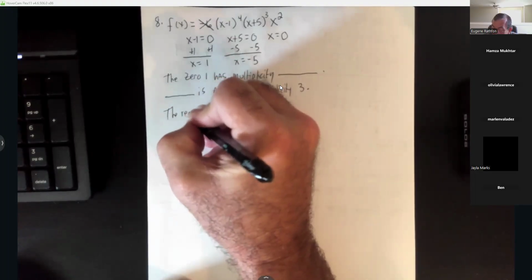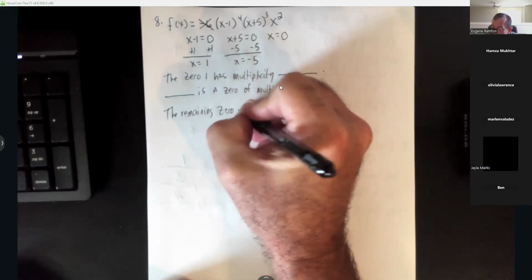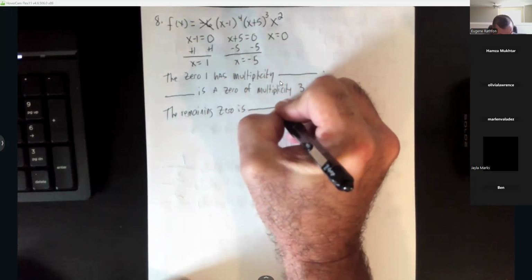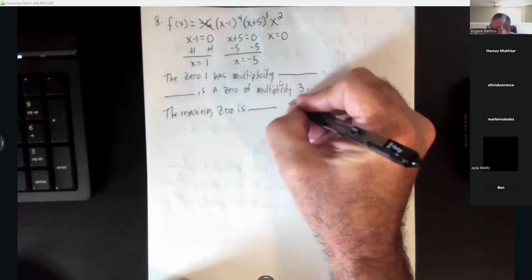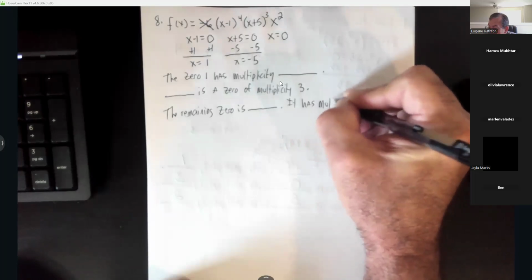The remaining 0 is blank. It has multiplicity blank.